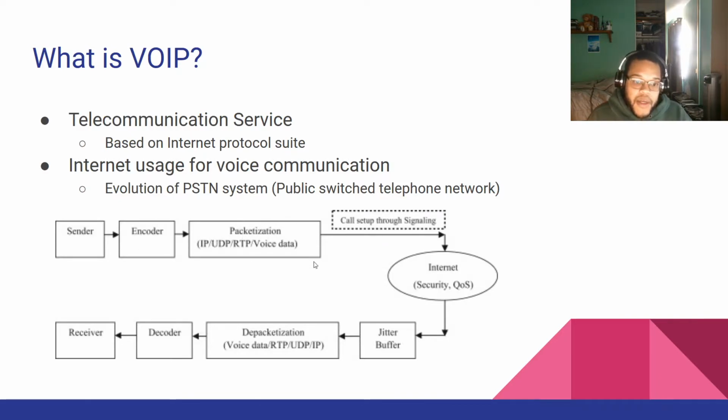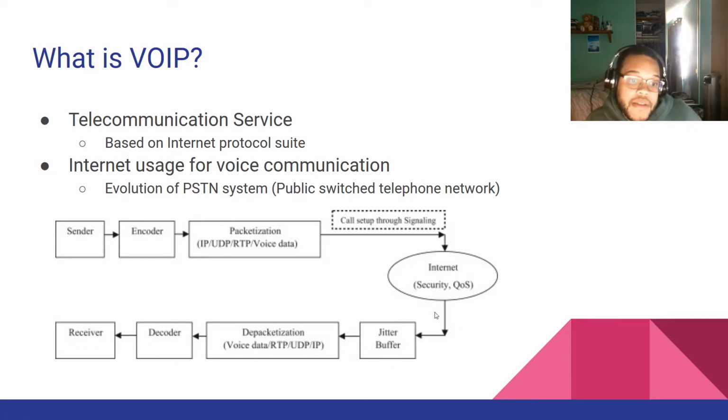Internet Protocol would package that data for the internet to be able to send out that data. The internet's going to include security, which I will go into a bit later, and then quality of service is just the method of how that data gets fed into the rest of the chain here.